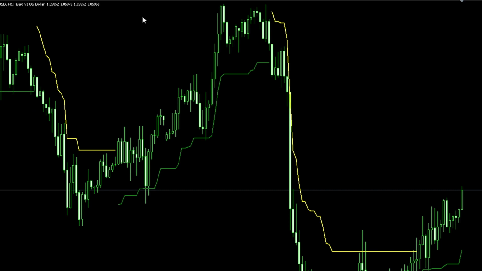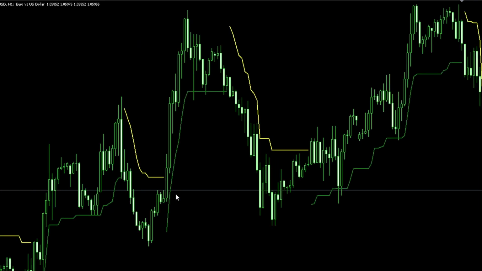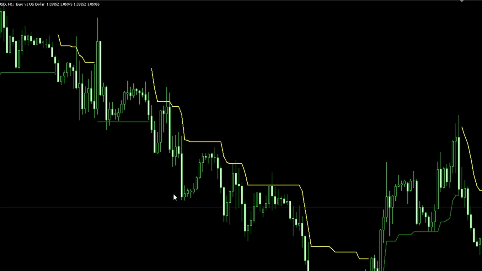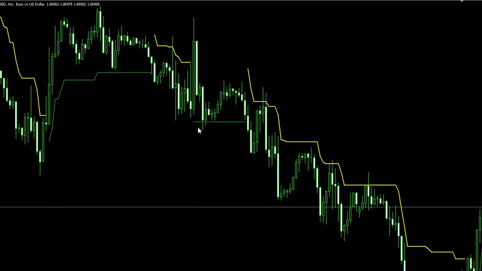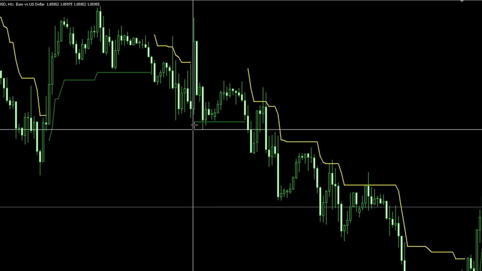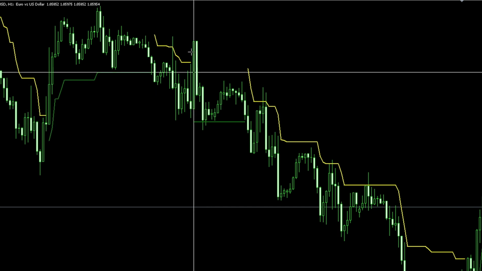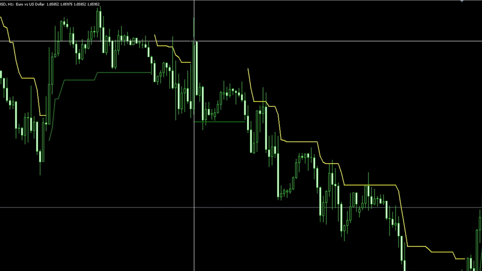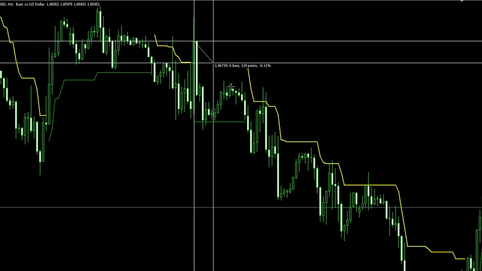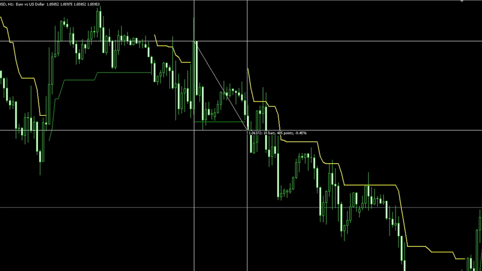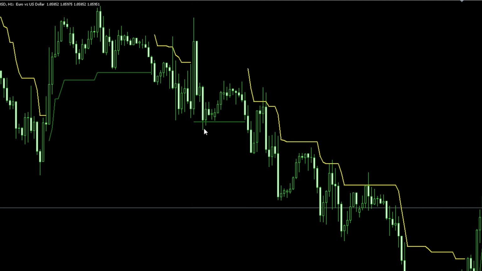But if I scroll this chart backwards a little, you can find points like this where a lower line formed indicating an uptrend but went nowhere. So this line would have formed at that point. We would have entered there for an uptrend and exited here at a much lower price and lost 485 points there.